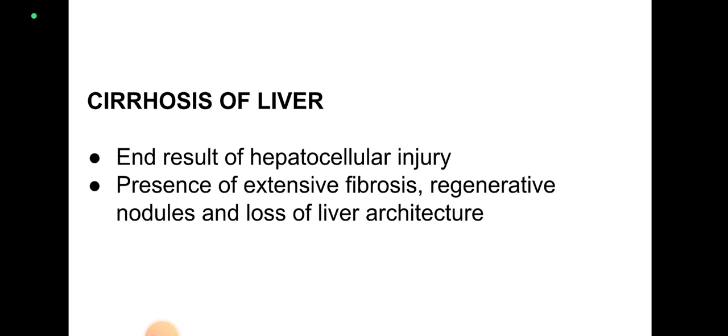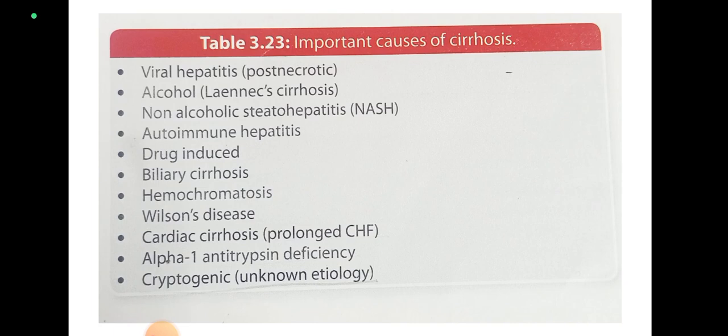Cirrhosis of liver. It is the end result of hepatocellular injury characterized by the presence of extensive fibrosis, regenerative nodules, and loss of liver architecture. Two of the most common causes of cirrhosis are viral hepatitis, especially B, D, and C, and prolonged excessive use of alcohol.